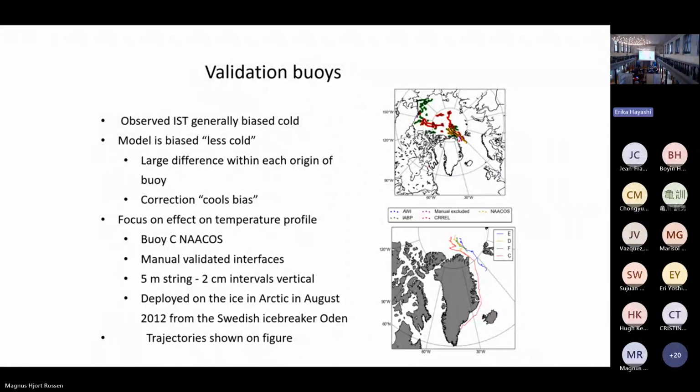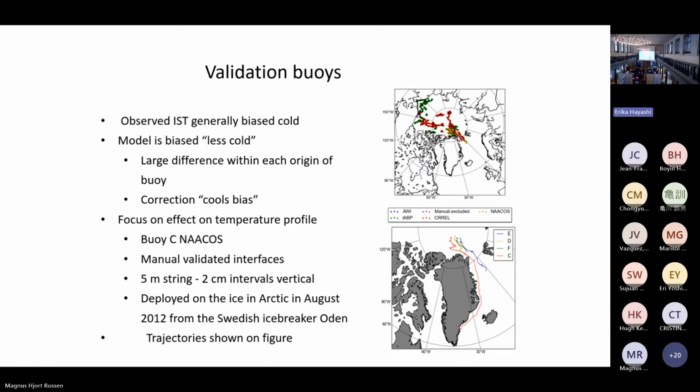Then I looked at a buoy, and note that this is just one buoy that has been extracted from the system. The top plot is from a buoy that has a thermistor string into the ice. There's a thermistor string with a temperature measurement every second centimeter, whereas the model only has 4 layers, so they've been averaged.